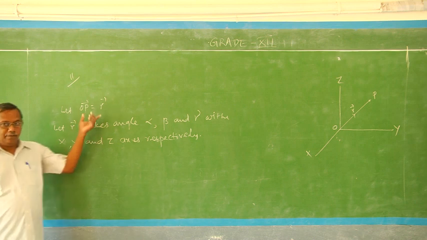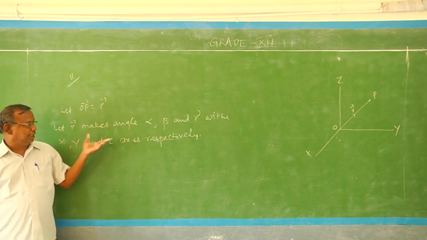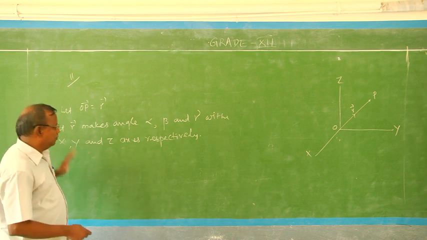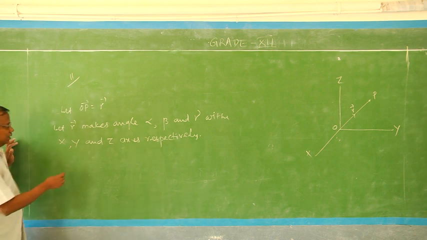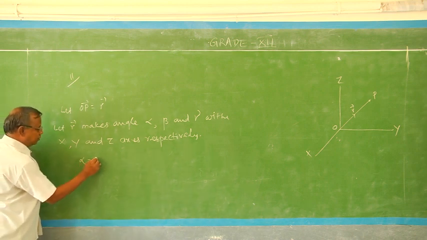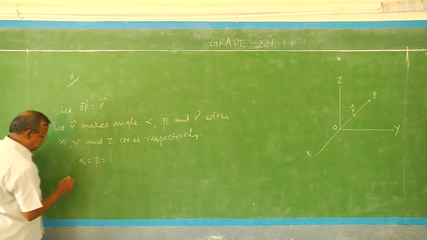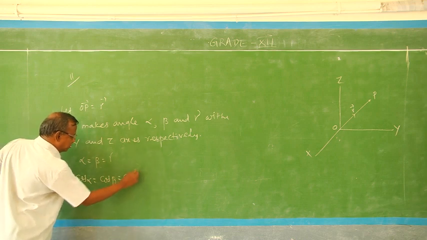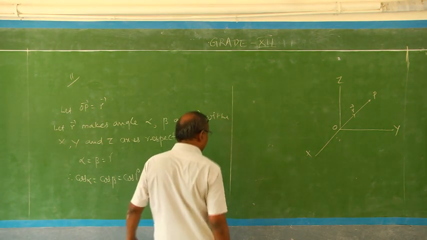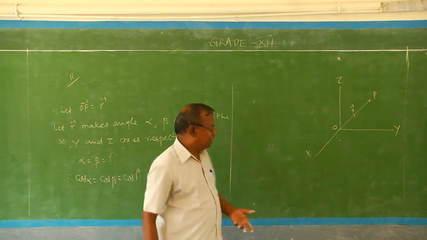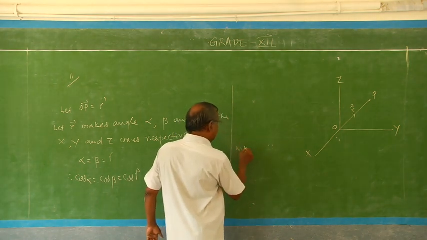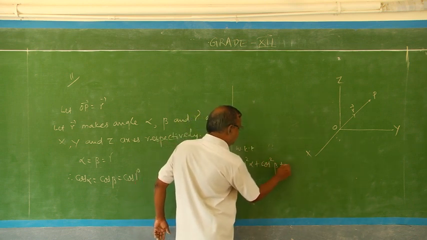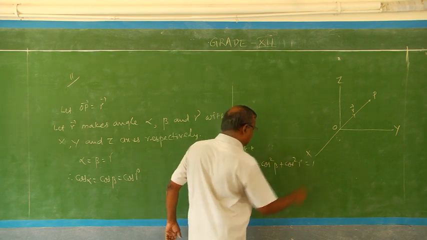Since the vector makes equal angles with ox, oy, oz, that means alpha equal to beta equal to gamma. Therefore, cos alpha equal to cos beta equal to cos gamma. By the definition we have already seen, cos square alpha plus cos square beta plus cos square gamma equal to 1.